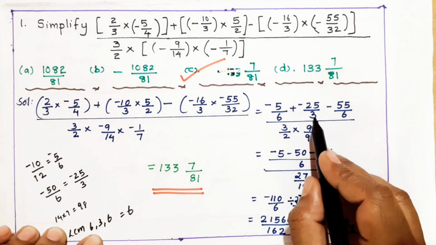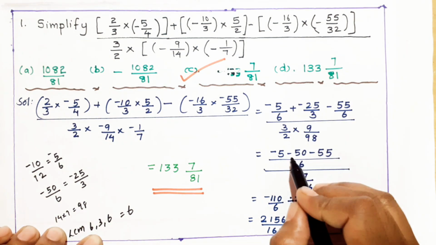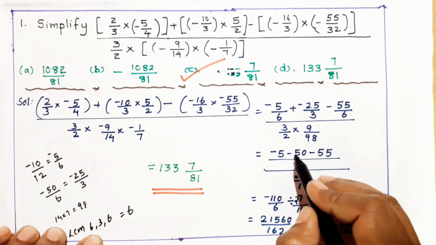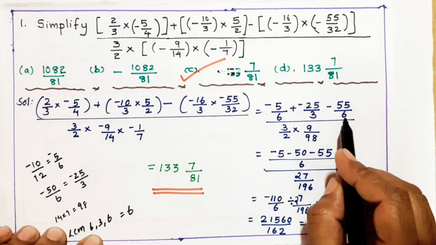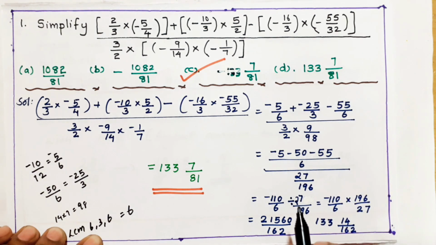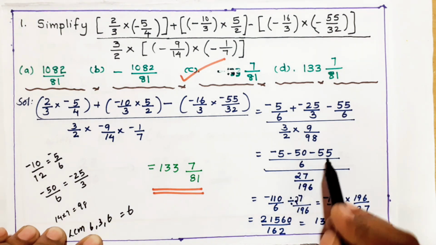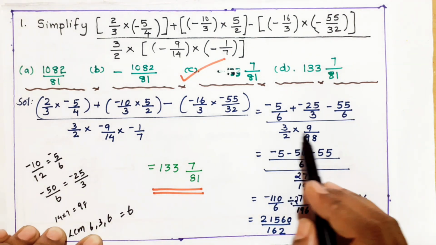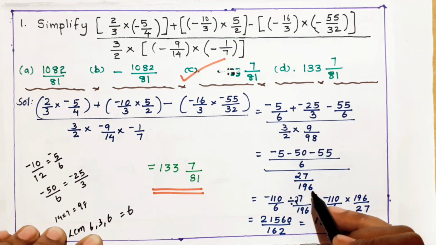Next, 6 divided by 3, it is 2. 2 into 25, 50. This minus is there, so minus 50. Minus, 6 divided by 6 is 1. So it is minus 55. So what I did, I took the LCM for this full term and added. Divided by 3 into 9, 27 by 2 into 98, 196.